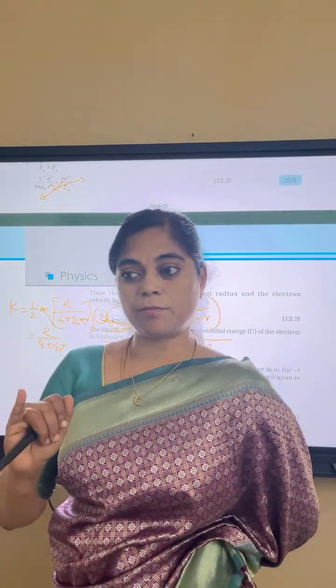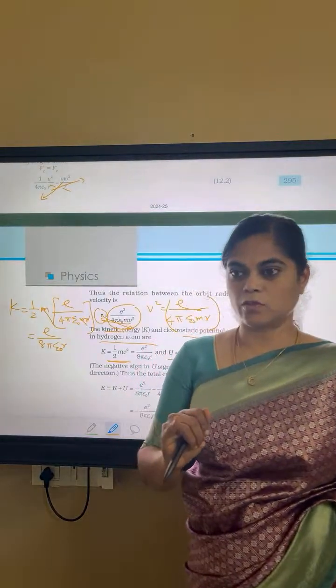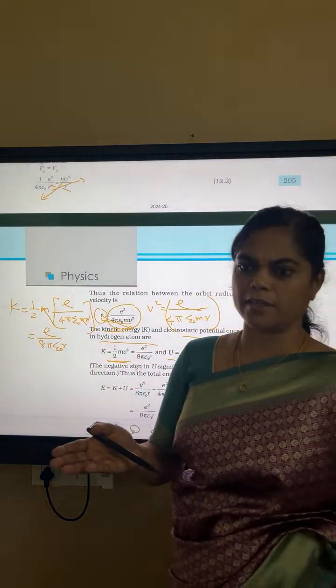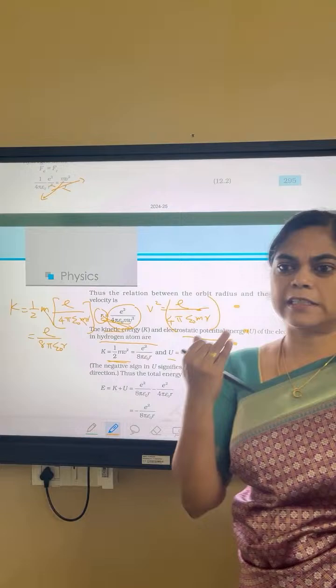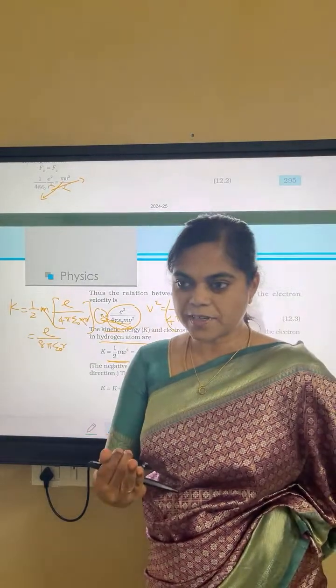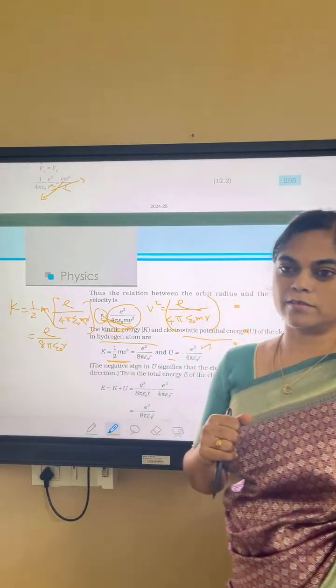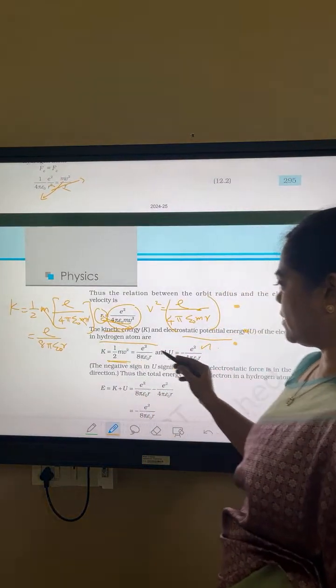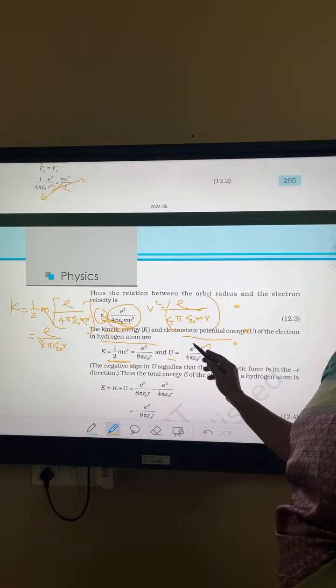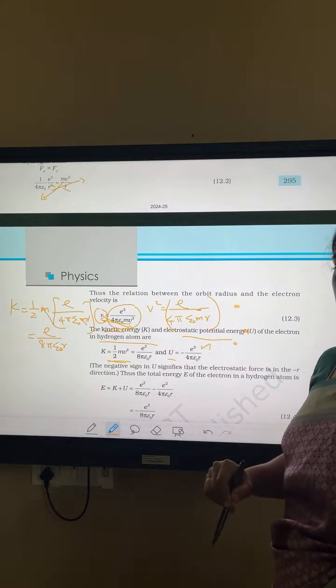First you have learned potential, then potential difference, then potential energy, for the charges. What is potential energy? This is the formula, right? Minus e square by 4 pi epsilon naught r.